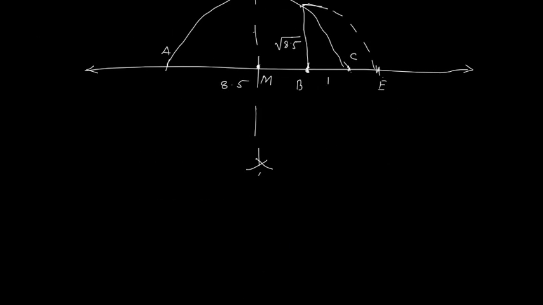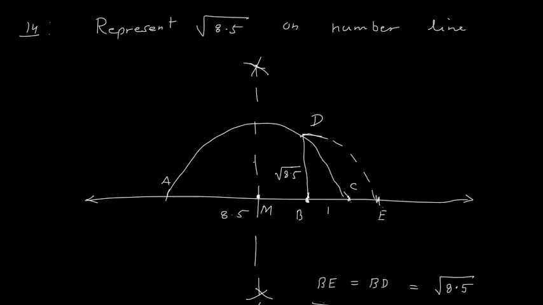So finally, on the number line, distance BE, not DE, it is BE, is equal to distance BD, which equals root of 8.5. Yes, simple. So this is how we represent root 8.5 on the number line.